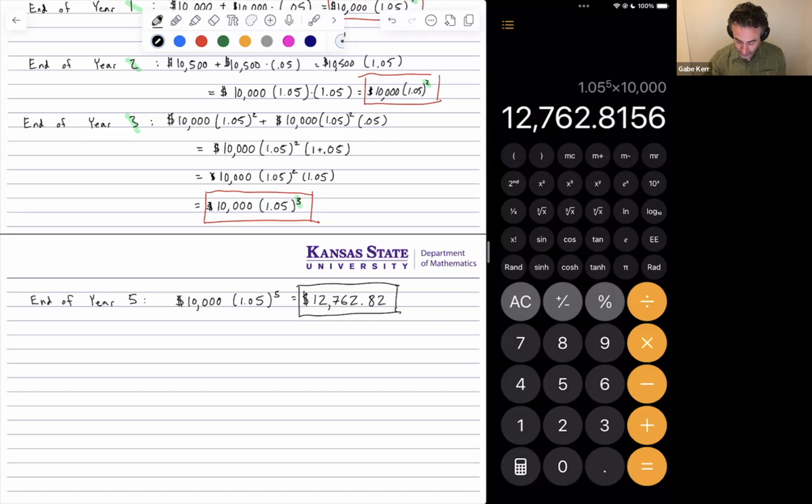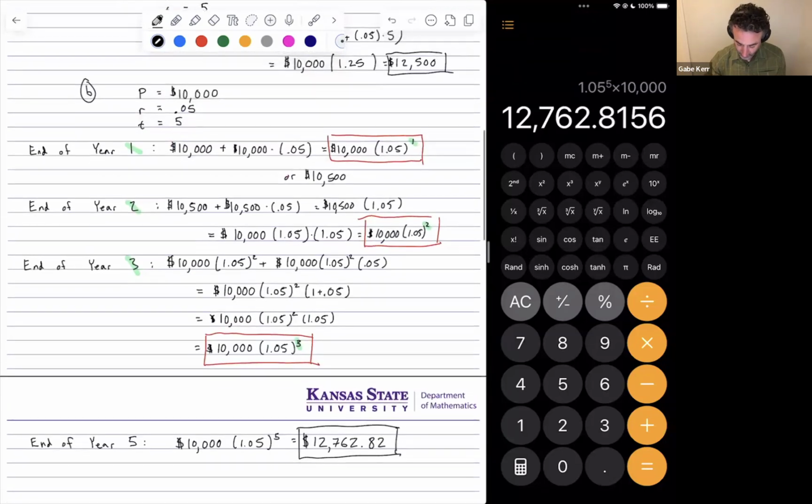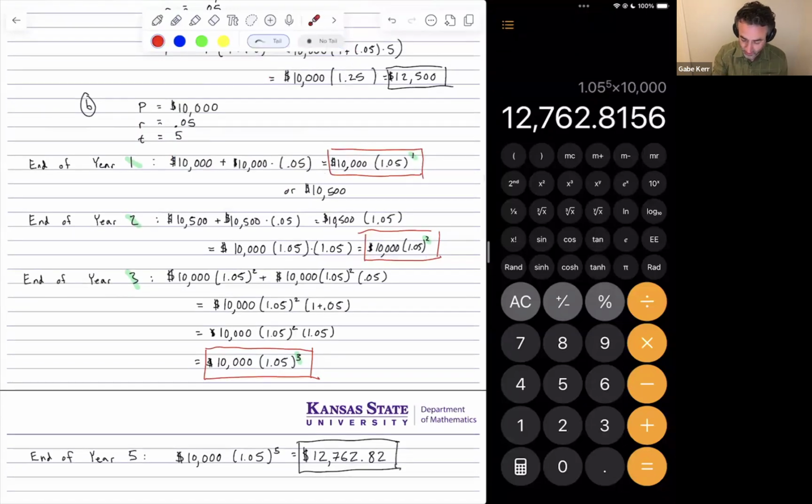Okay, so let's compare now the two answers. So in the simple interest case, we had 12,500. It was easy to compute, but it didn't favor the person putting the money in the bank, because in the compound interest case, we pulled in an extra $262.82.